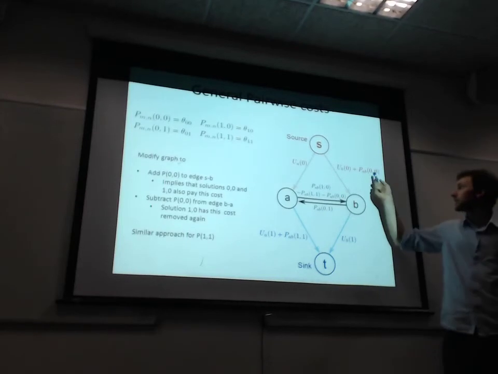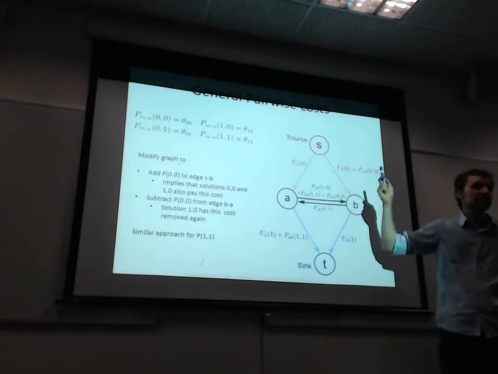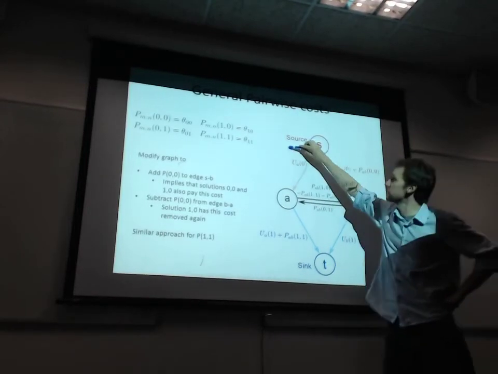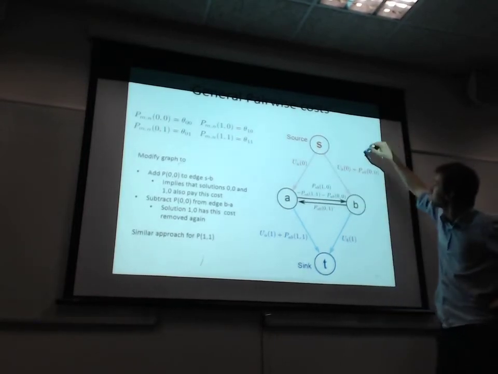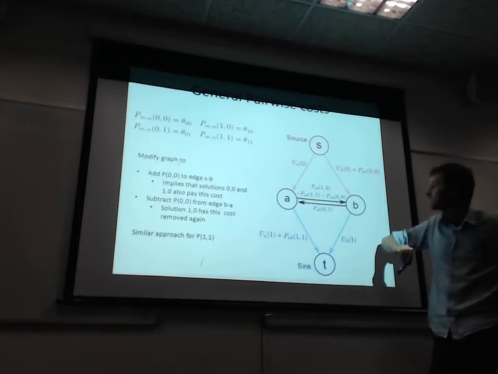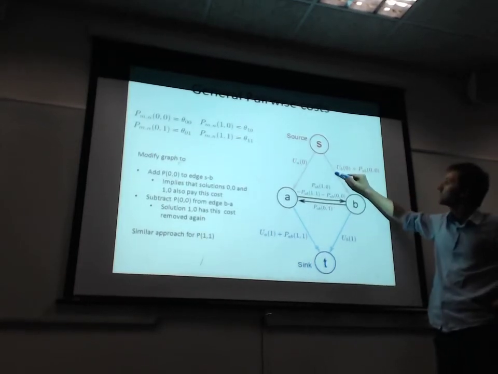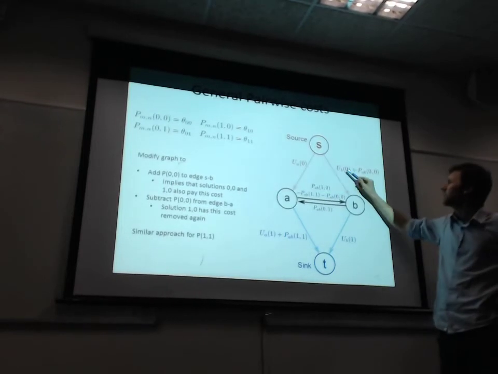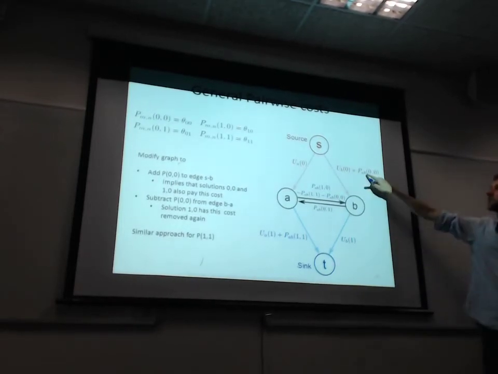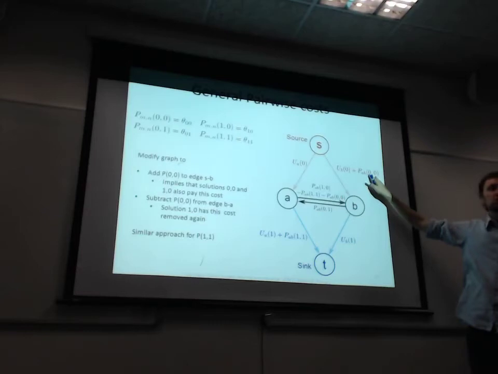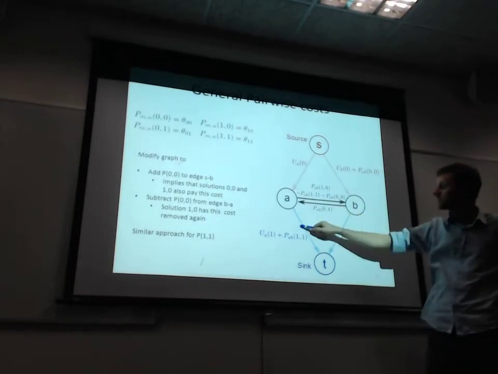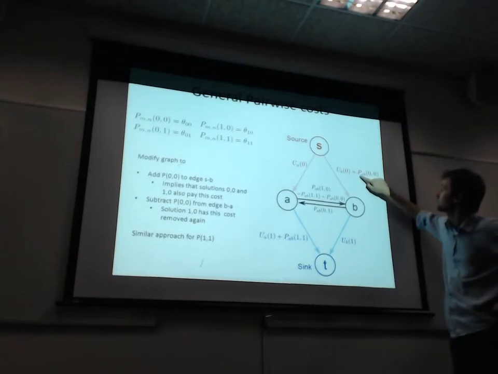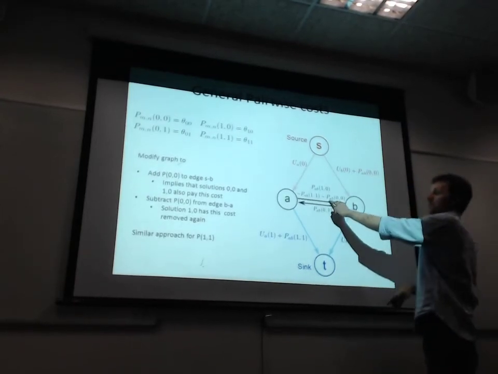But now we've created a problem for ourselves. Now, if I, for instance, were to cut not this way, but this way, then I'm going to pay the unary cost of making B 0. That's fine. I pay the pairwise cost of making A and B both 0, but that's not right because I'm about to make A 1. So we have to subtract this off again here in the middle.